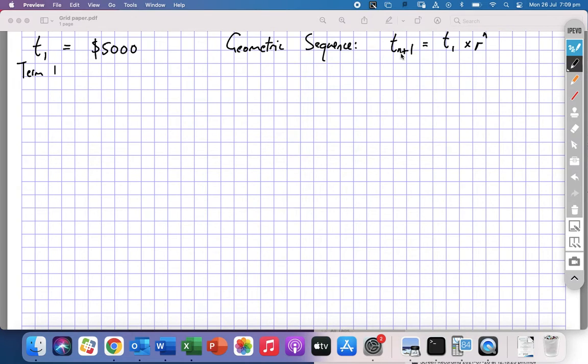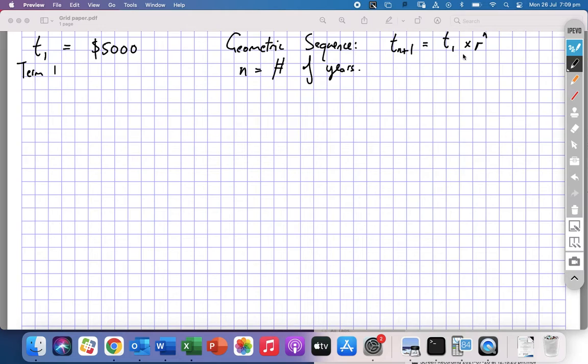You're going to make n equals 1, right? If you make n equals 1, you'll be at term 2, and that will be the second amount in the sequence, but it will be after 1 year, right? So n is standing for the number of years for the investment, number of years.